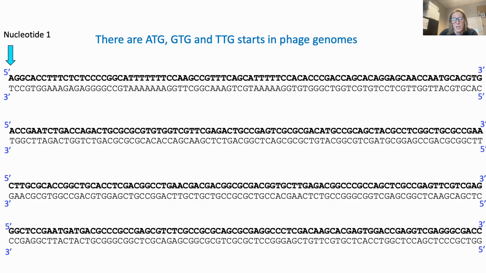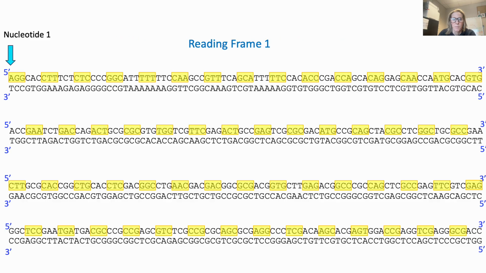The first 3 frames are found in the strand that reads 5' to 3' in the left to right direction. If we begin with the first nucleotide, we can read in 3 base pair increments until we find start codons. Start codons may be ATG, GTG, or TTG. We can then look for stop codons that are in frame with these starts.